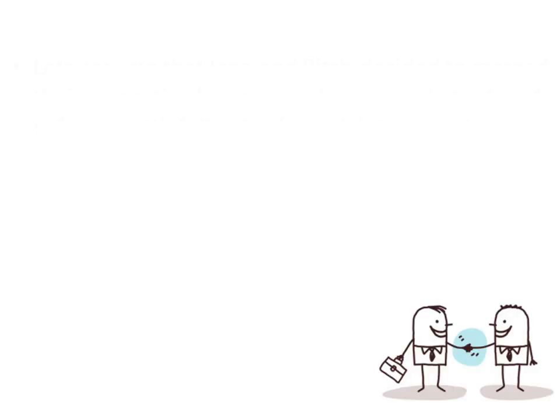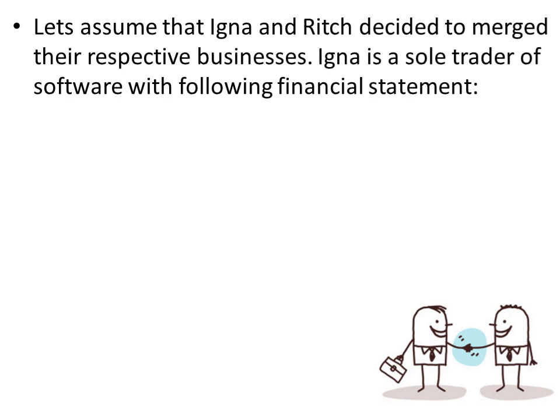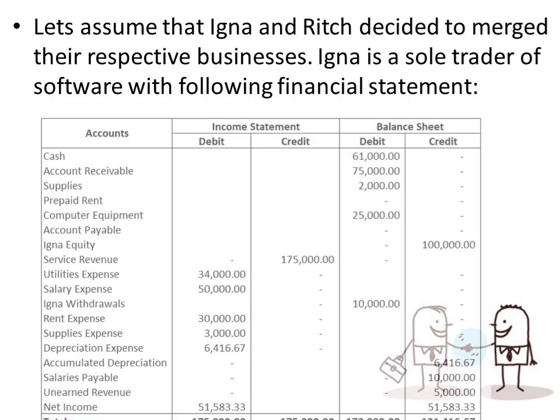So let's assume that Igna and Rich decided to merge their respective businesses. Igna is a sole trader of software with the following financial statement.